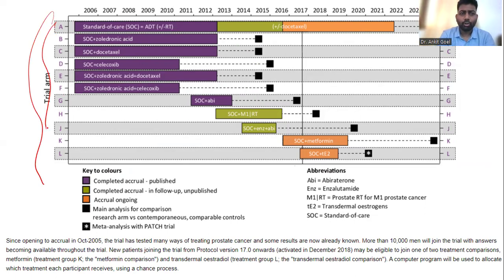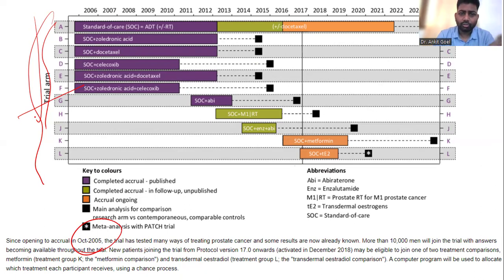When it started recruiting patients in 2005, there were six arms, A to F. Different drugs, different chemo, and different things were compared to the standard of care, which was considered to be ADT.